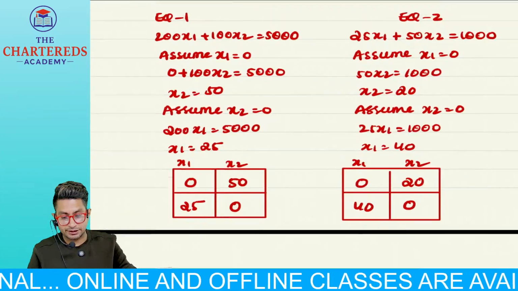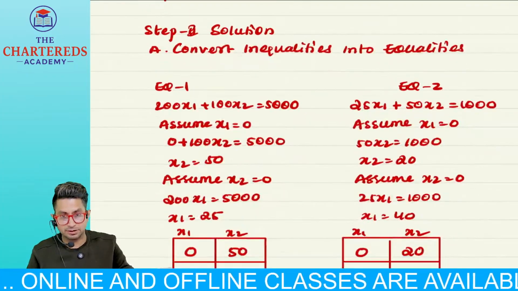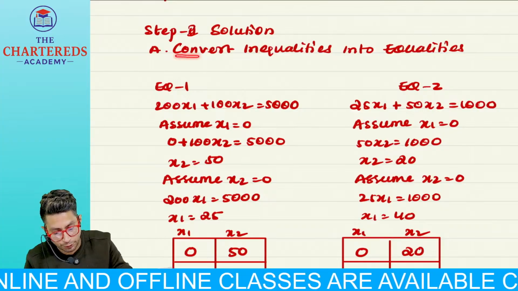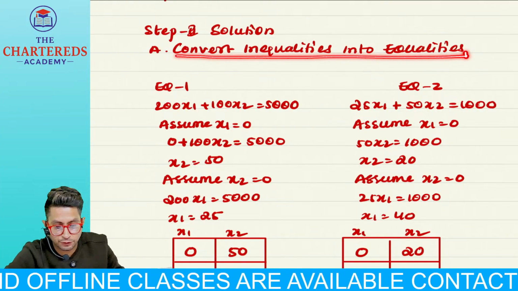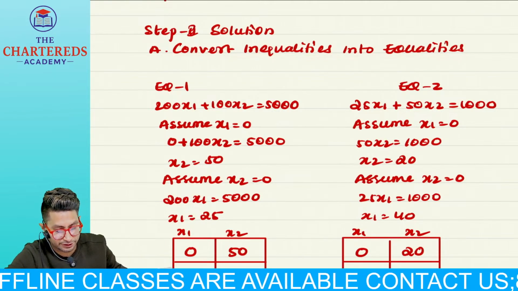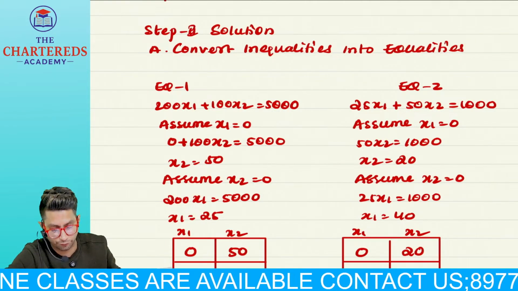Understood? Step number one is what? Formulation. Step number two is solution. In the solution, first what do we have to do? Convert inequalities into equalities. Now, after converting, we have to plot this on a graph.